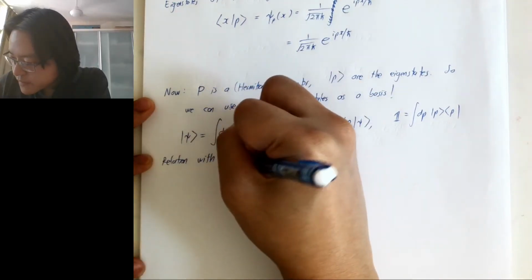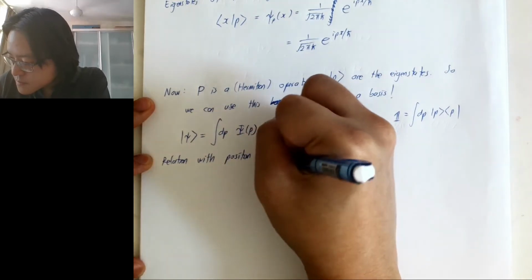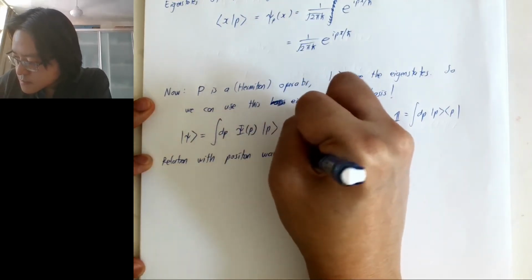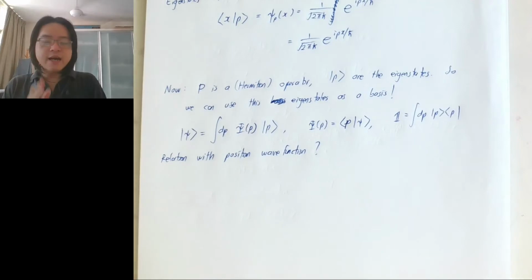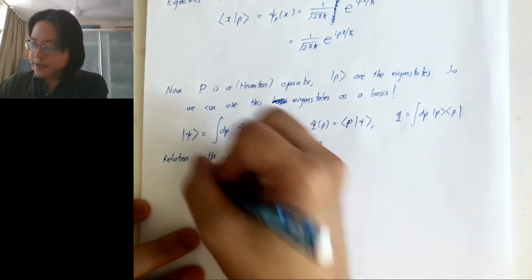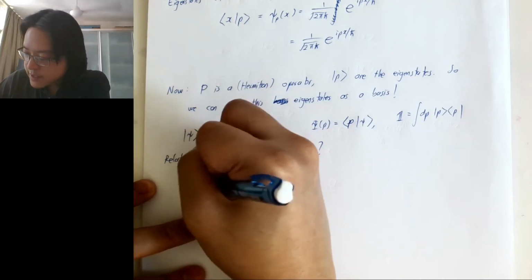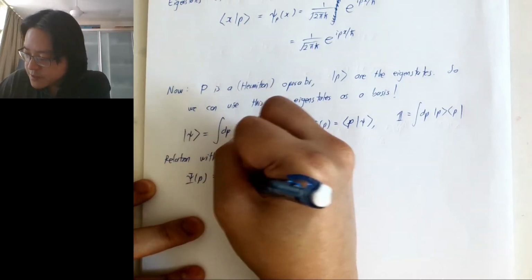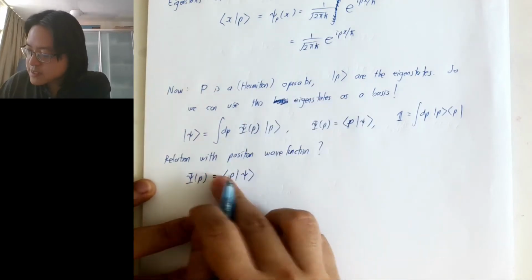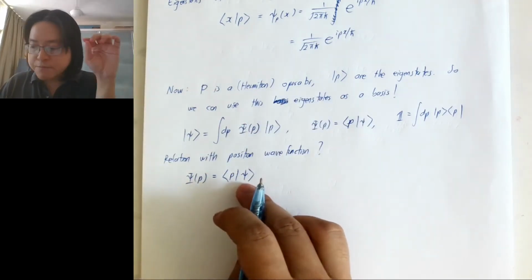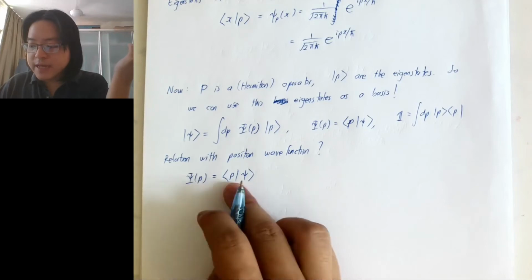So let us try to find the relation with the position wave function. Again, I will use the trick of inserting the identity. Let's start with this statement. By definition, if I close this state with p, I will get a value that depends on p.